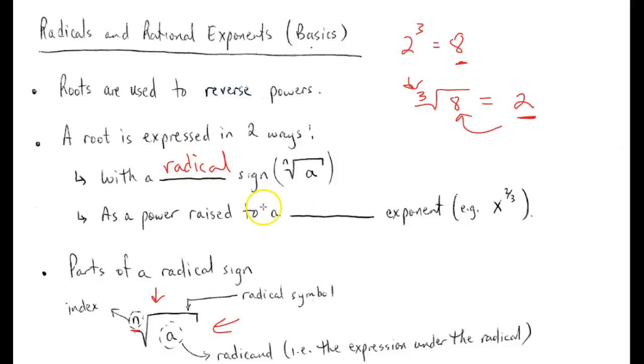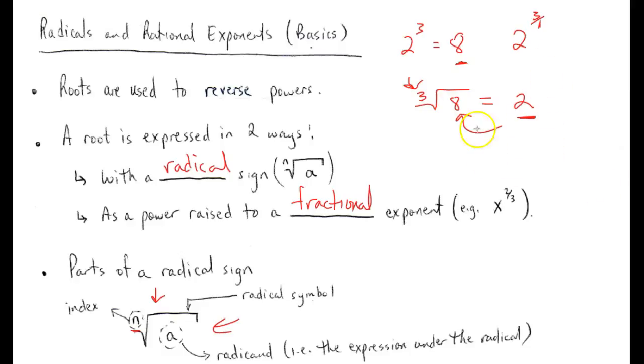So a root is expressed in 2 ways. One way is the radical sign, like how we see here. The second way is as a power raised to a fractional exponent. Technically speaking, we could look at 2 to the third as 2 to the 3 divided by 1. We normally don't do that, but technically we can look at it that way.